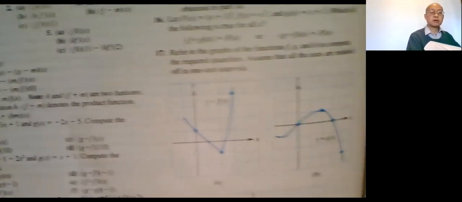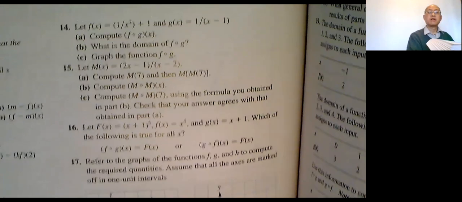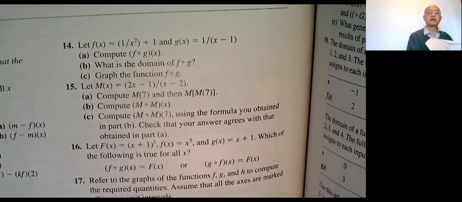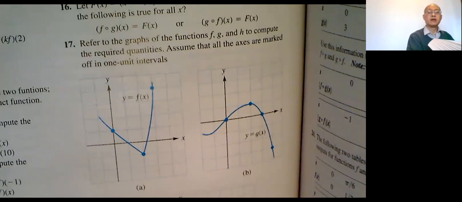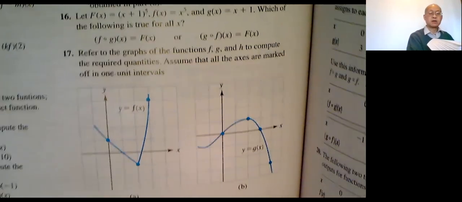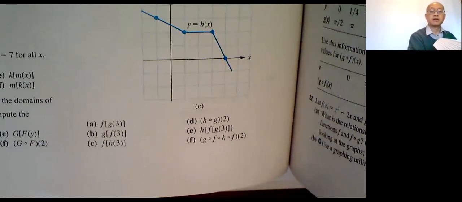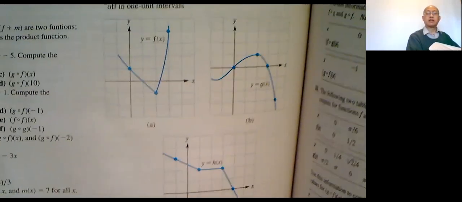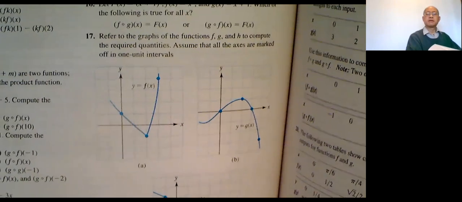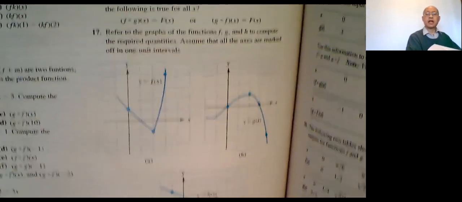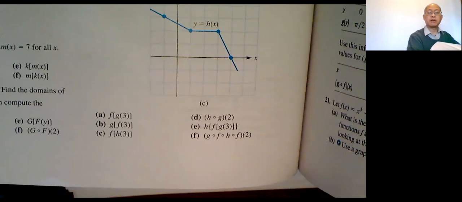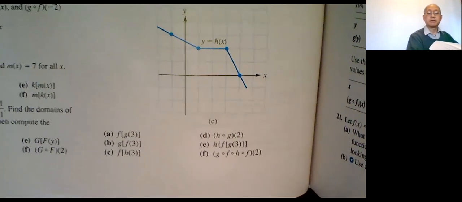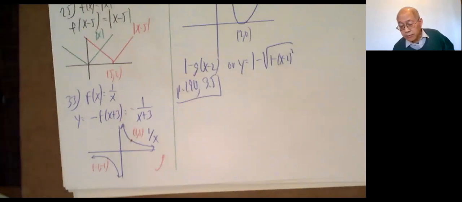Sorry, I can't get all of it on the same screen. Okay, so 17 has A, B, C, and the questions are below there. And let's see, we had to go up to 17, and that's it. Okay, so we can get started with it.